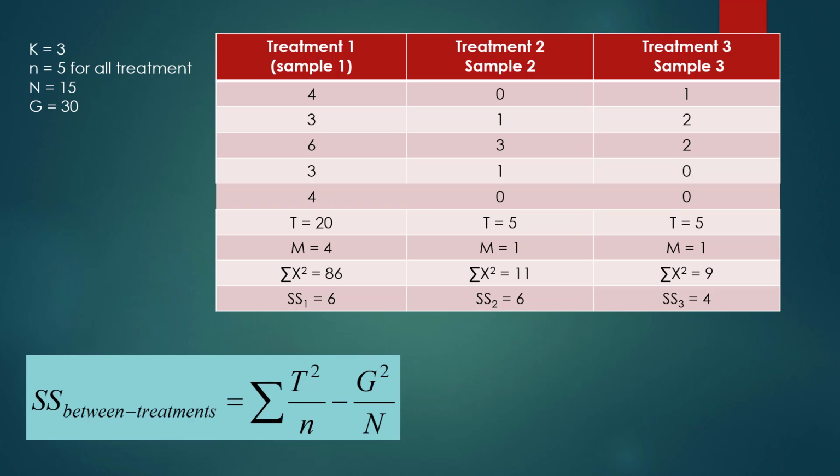So there's also another formula. To get the sum of T squared over n, we need to take our first T value, 20, square it over n, add our next T value, 5, 5 squared over our small n, plus our next T value over n.